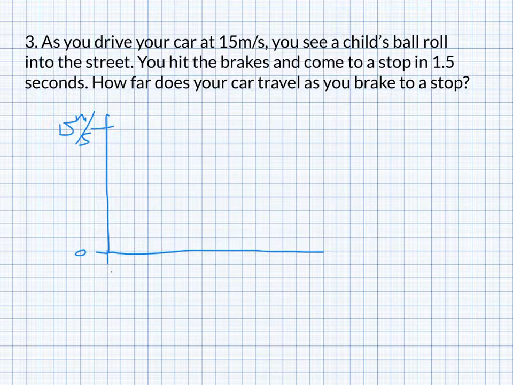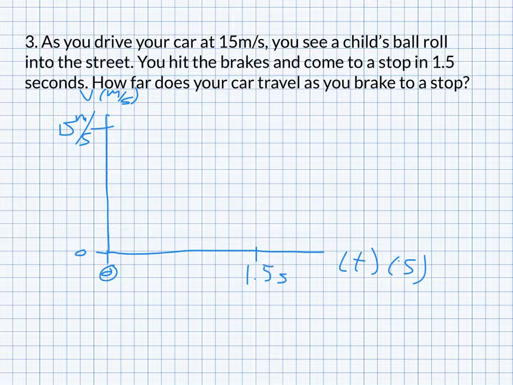Assuming you see the ball roll into the street, you hit the brakes, and it takes me 1.5 seconds to come to a stop. So somewhere over here, I'm going to come to a stop, and that will take me 1.5 seconds, assuming that 0 here, the reference point, is when I hit the brakes. And so this is a velocity in meters per second this way, and this is a time in seconds this way. All right.